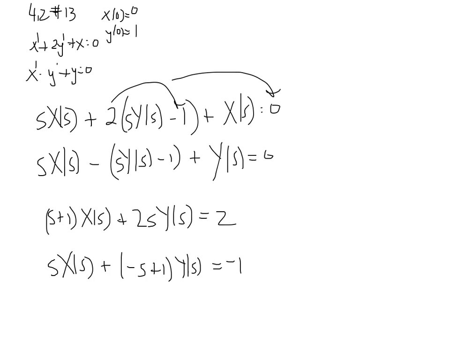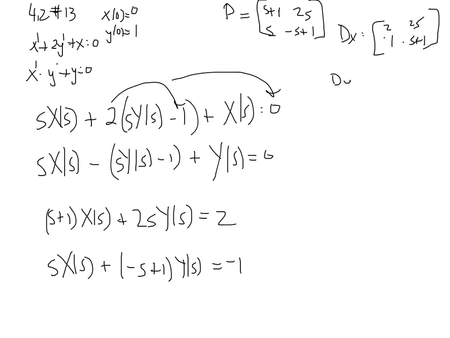Alright, now we're going to have to use Cramer's rule, and I'm really not going to have space. Let's see what we can do. Our D matrix is going to be our coefficients, s plus 1, 2s, s, minus s plus 1, and our d sub x is going to have 2, negative 1 there, and then it'll have 2s and minus s plus 1 there.